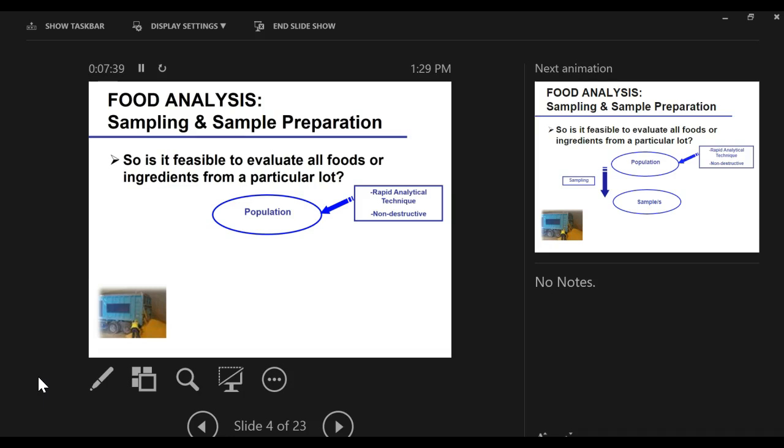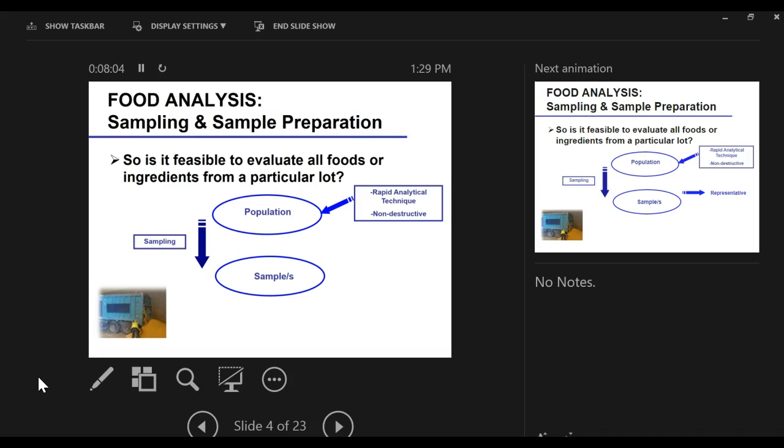Come back. Okay, so we do not necessarily measure the entire amount of sample that we have, the entire production. So 99.9% of the time you sample. That means you take samples to test from the population. That's what we call sampling.